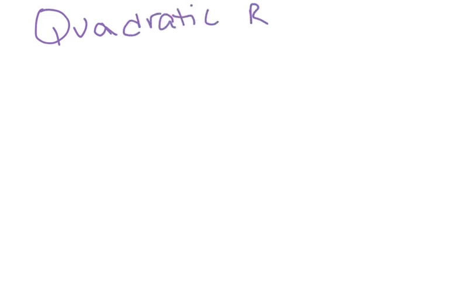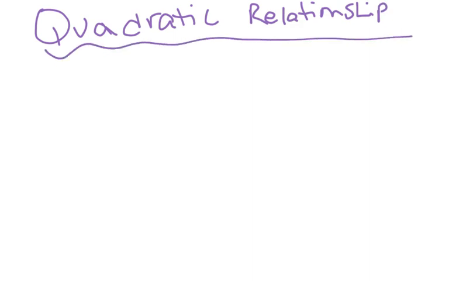All right, last but not least is the quadratic. In a quadratic relationship, they're both going to increase, but one is going to increase by the square of the factor that the other one increases by.